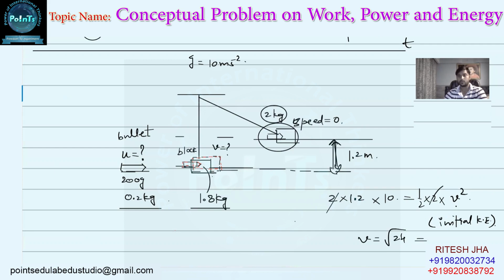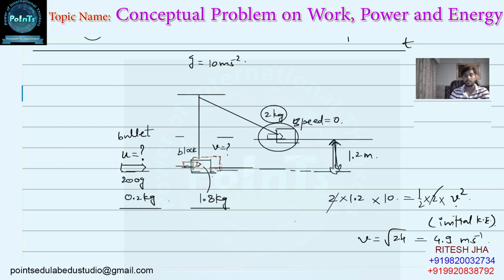What is that equal to? 4.8989979, so basically 5, or 4.9. Okay, 4.9 meters per second is the speed.